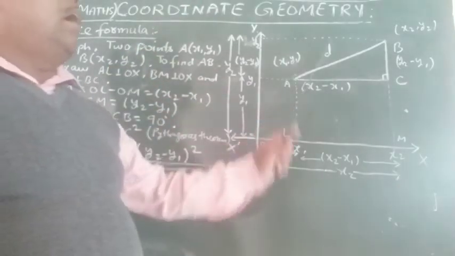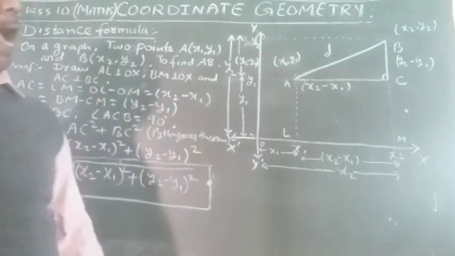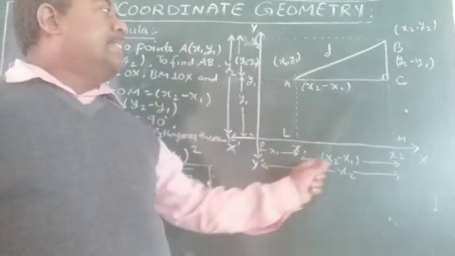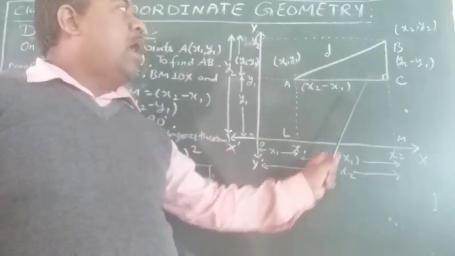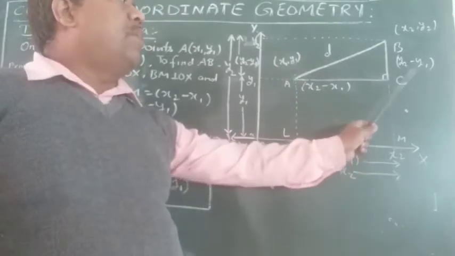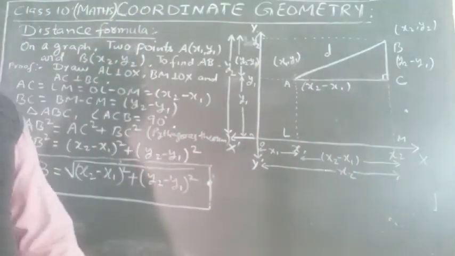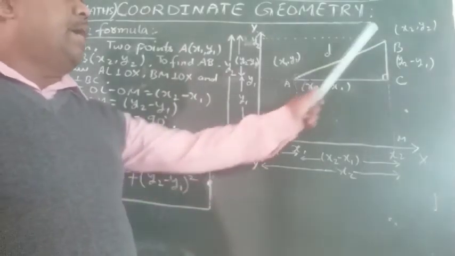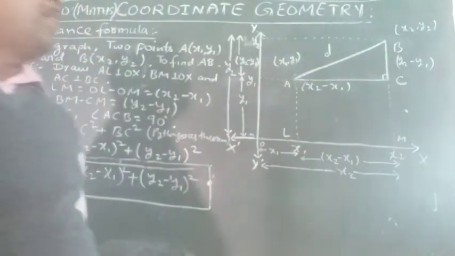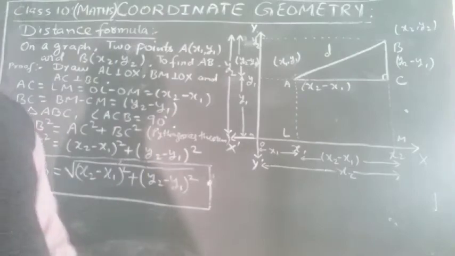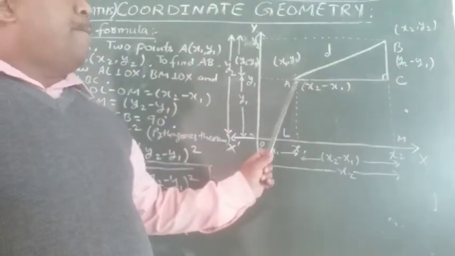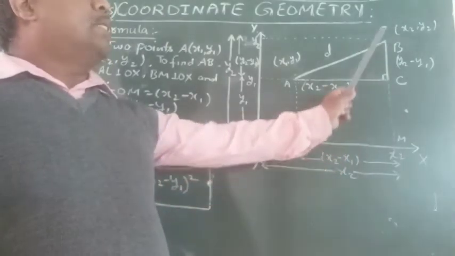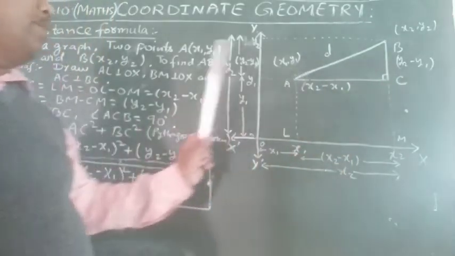Now look at the right angle triangle. Angle C is 90 degrees. The base is x2 minus x1 and the perpendicular is y2 minus y1. We have to find the hypotenuse, that is, the distance of AB between points A and B. So use the Pythagoras theorem: base square plus perpendicular square equals hypotenuse square.